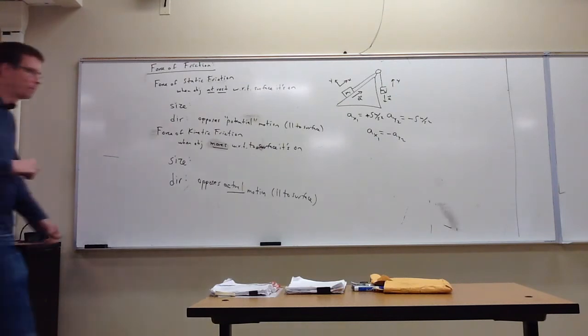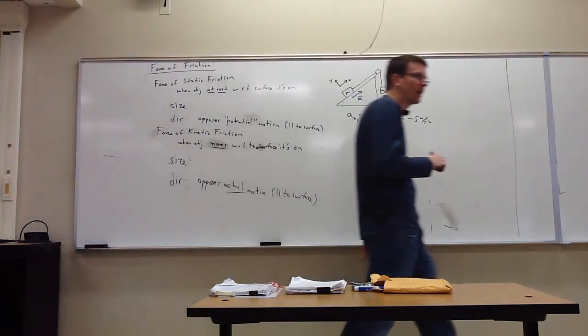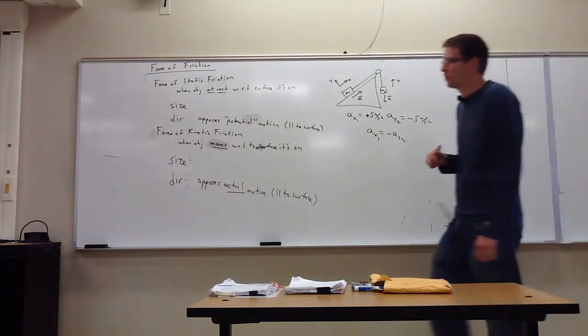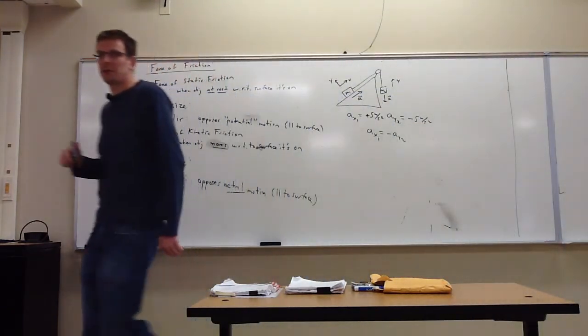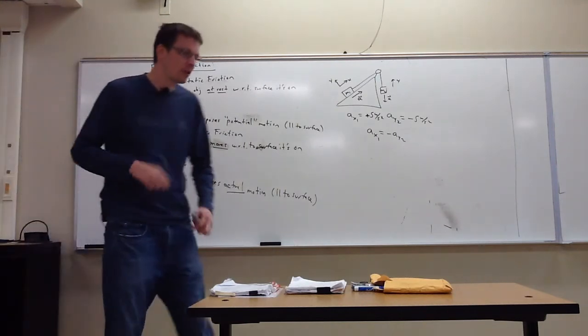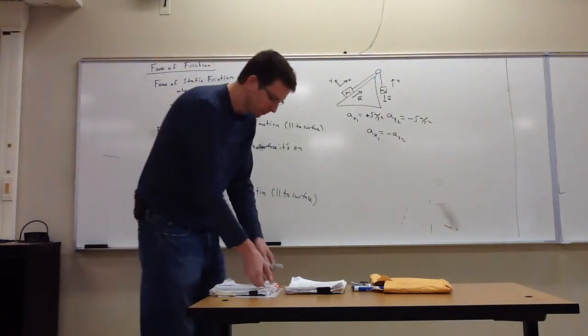Friction is always trying to oppose what's either going to happen or what is happening. The reason why we do split this off into a two-pronged attack is because the sizes are very different. We need a very different approach for size. Okay. Before I do that, I guess I should talk about notation.